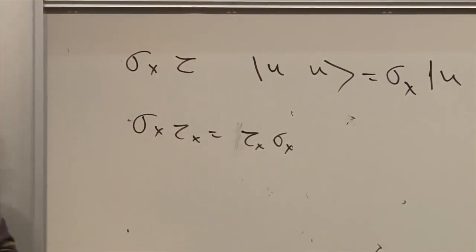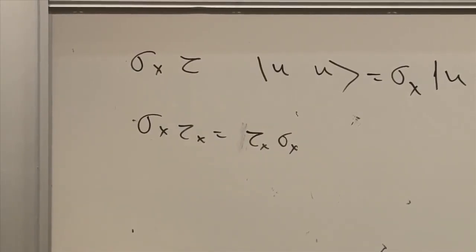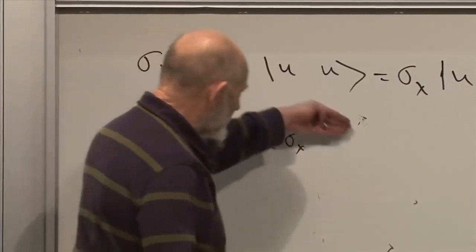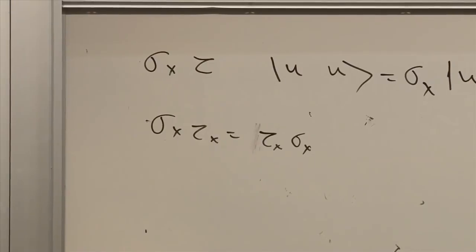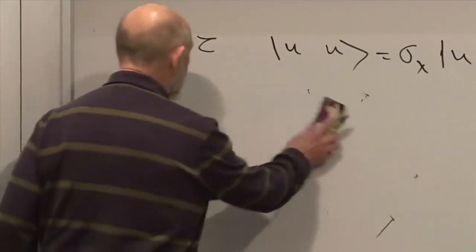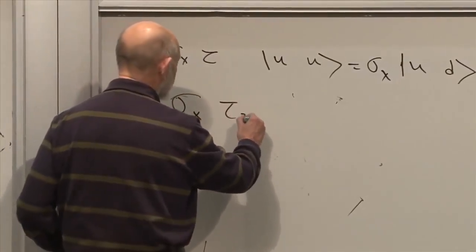It's enough to show that they give the same thing on basis vectors. That's pretty easy. You can do it on any basis vector, and you'll find that the order of operations doesn't matter. In fact, the same is true if you take sigma x times, let's say, tau z.